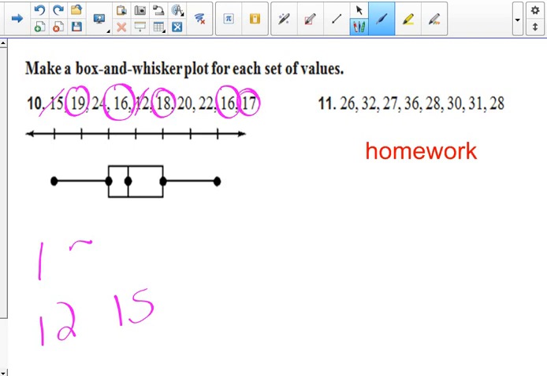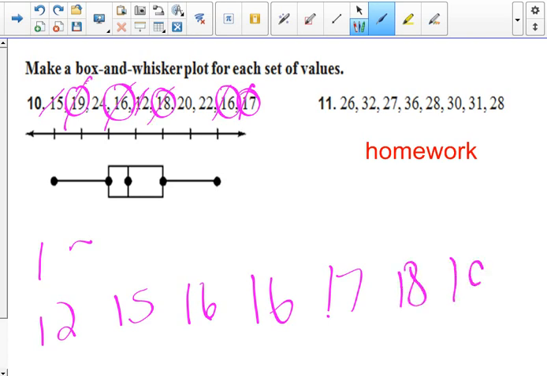All right. So we've got 15, and then 16, 16, 17, 18, 19. So those would be represented like that, and then 20, 22, 24. Okay, so yeah, you've got to represent every occurrence of everything that appears in your data. This is due Monday, thank you, and that concludes our video.